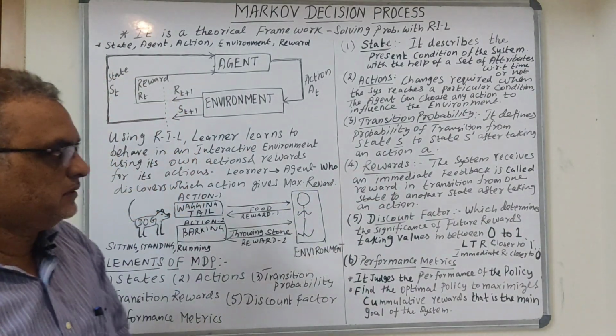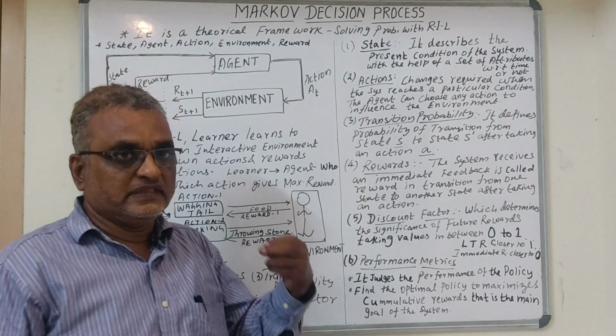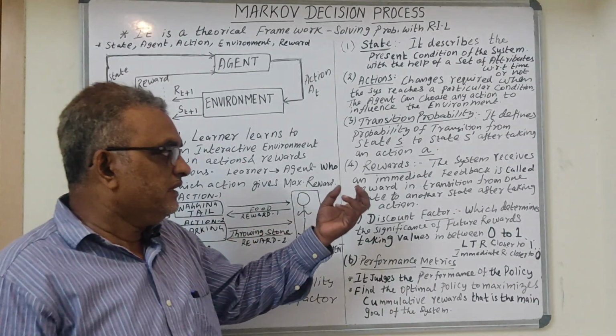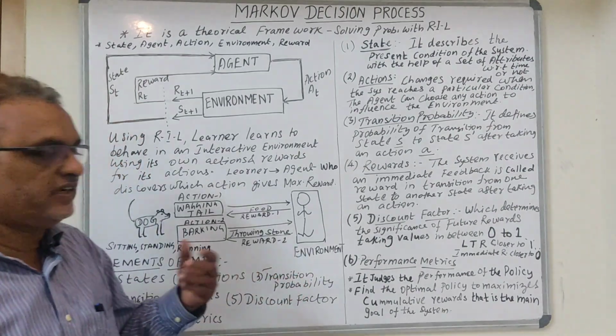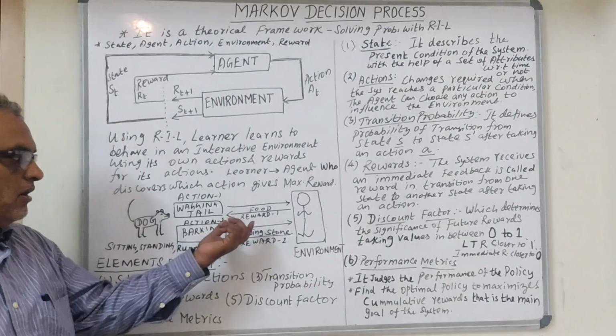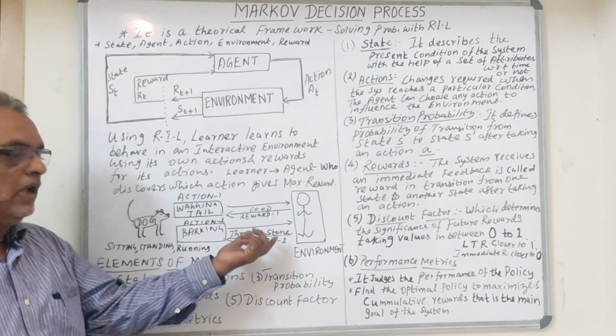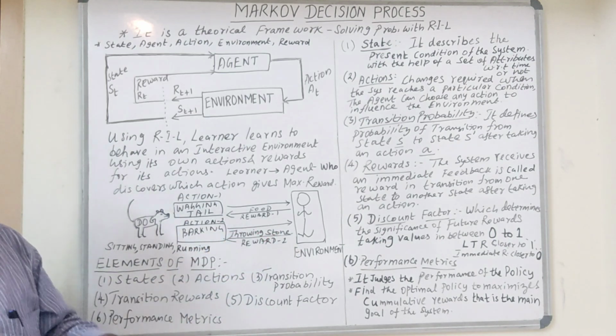Then the rewards. The system receives immediate feedback, that is called reward, in transition from one state to another state after taking an action. So in this case, the dog receives food and the dog gets hurt because of the thrown stone.